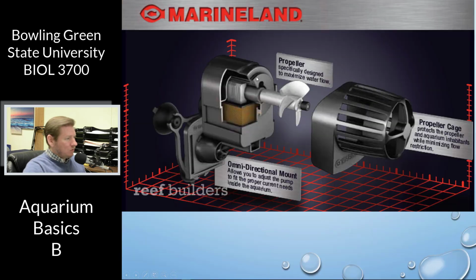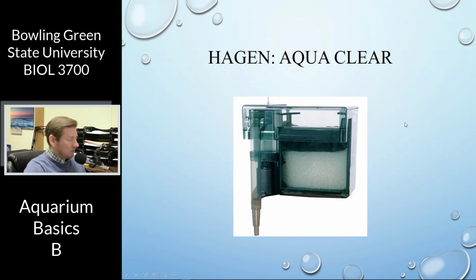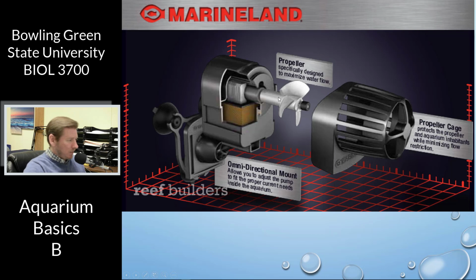And you drop it inside the motor. Okay, and then inside the motor, it's sealed off so that water isn't seeping into the motor. And on the other side of this little cup here it turns this magnet, which again turns this propeller, which creates the current in your tank or your filter. So this is actually a power head that you're looking at here.